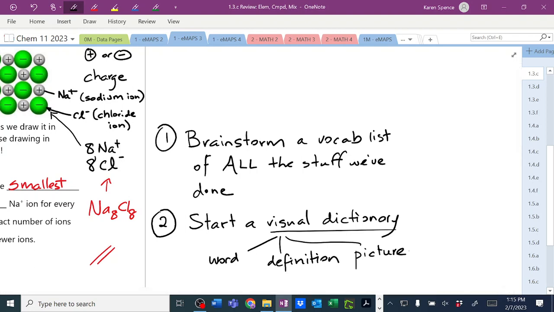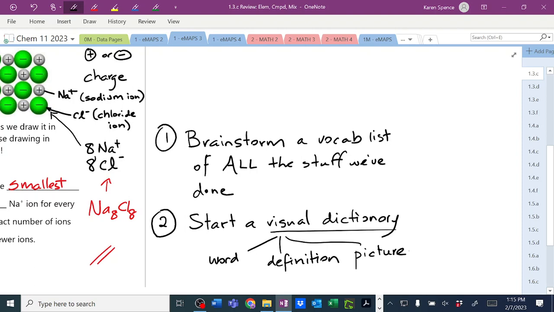Now let's say you totally understand the meaning of a word. Do you need to do this for that word? No. You are going to choose the words from our master list that you feel you need help either understanding or remembering. Does that make sense?